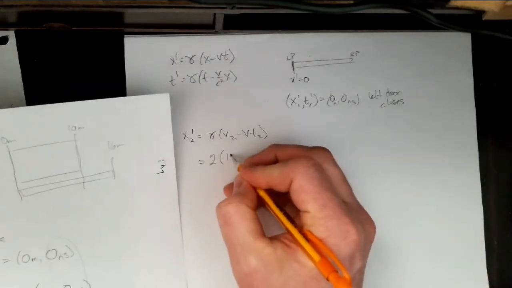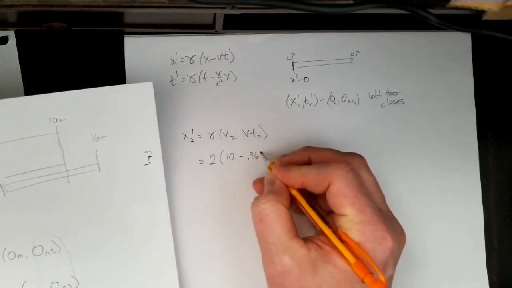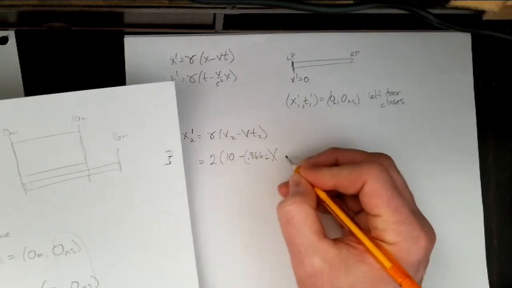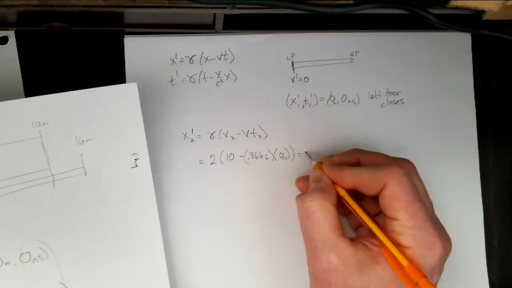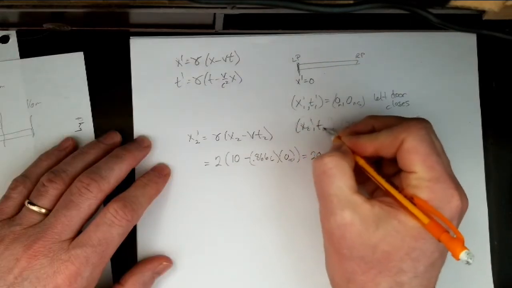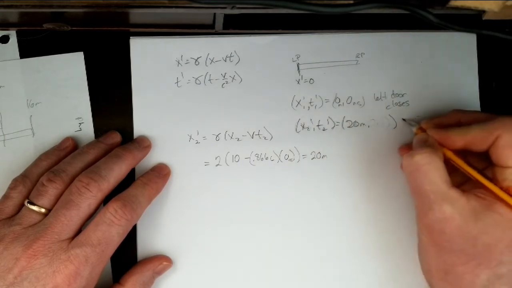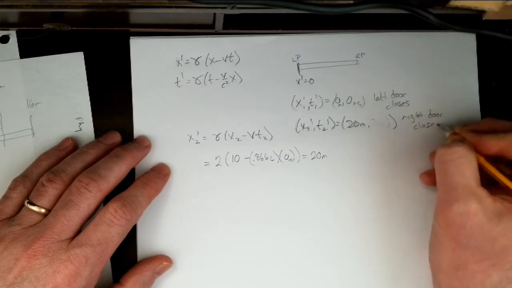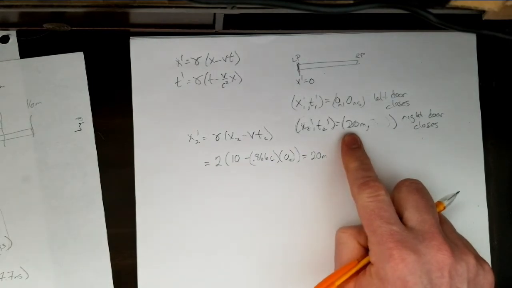So that would be 10 minus v, which is 0.866 times the speed of light, times time, which was 0 nanoseconds. And so this would be 20 meters. And so x2 prime is going to be equal to 20 meters. We still need to figure out the time part. But again, this is when the right door closes. So the right door closes after the pole is already past the barn.